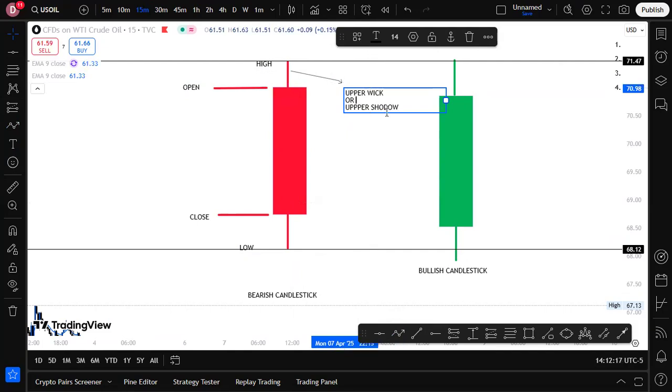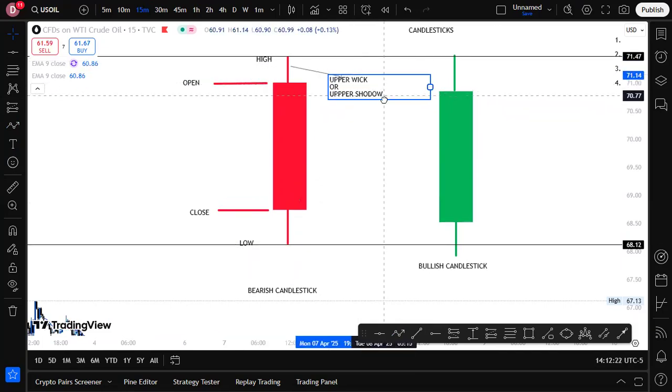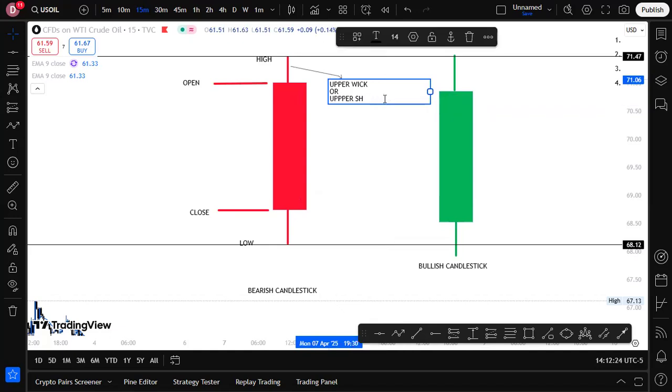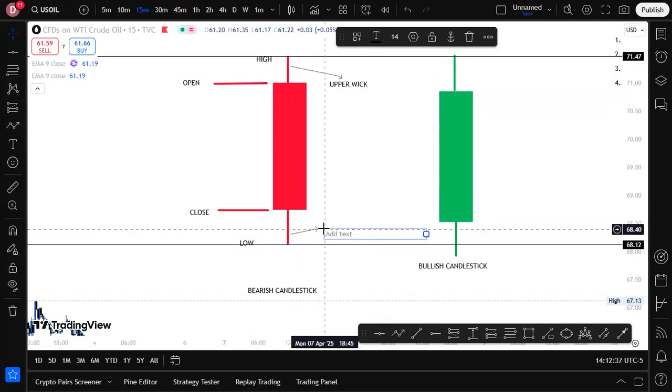So it's called the upper wick or upper shadow. I think I'll just leave it at wick, so that it will be easier for you to understand. So this is the upper wick. Then here is called the lower wick, or you can still call it wick if you don't want to mention whether it's up or down. I'll just call here lower wick.